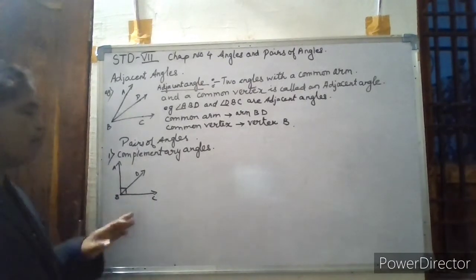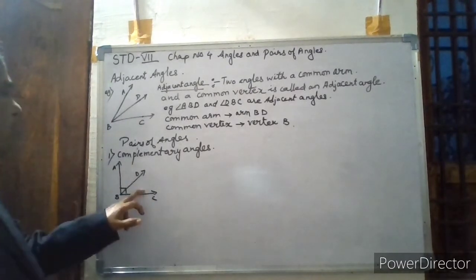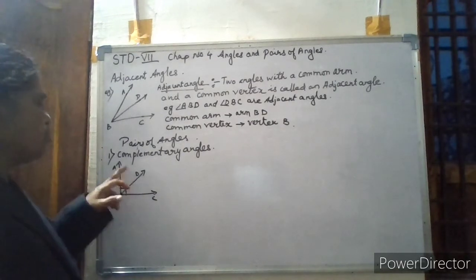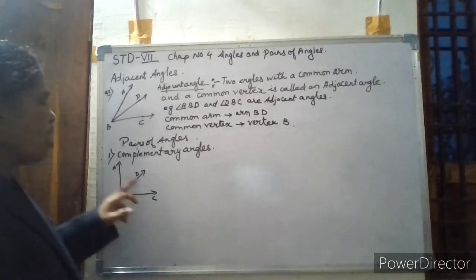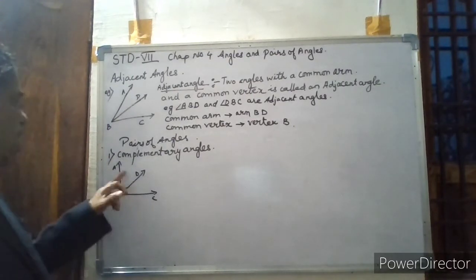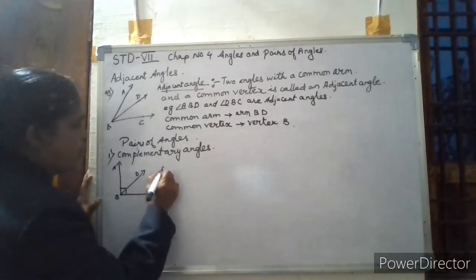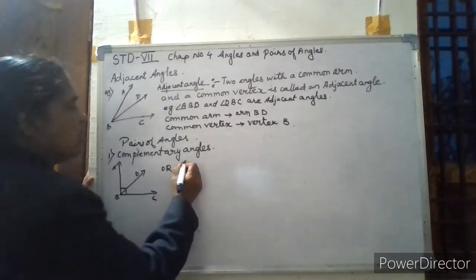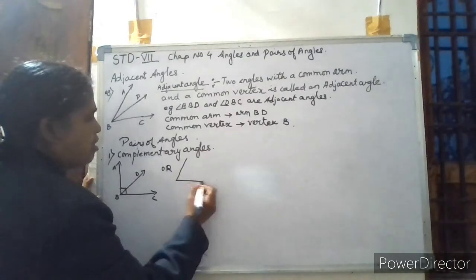Therefore, these two adjacent angles are called complementary angles. It can be like this way, or it can be two separate angles also.